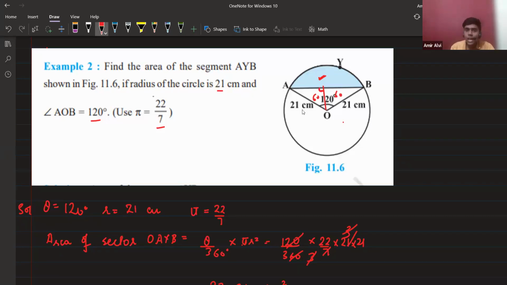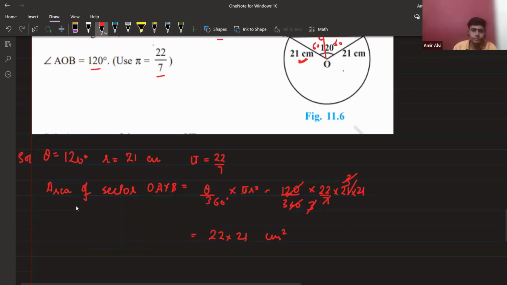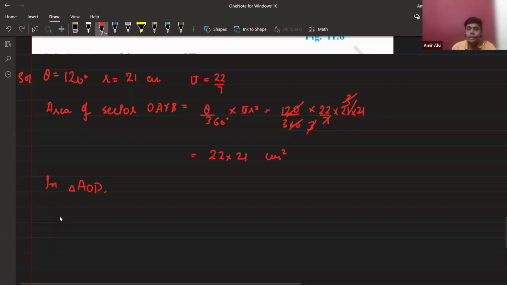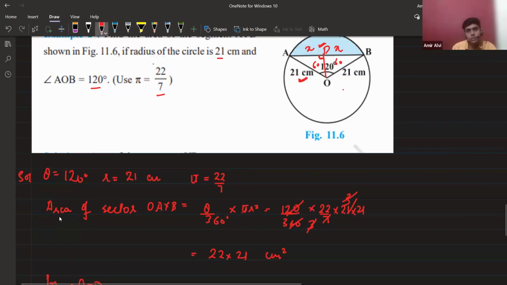Now everybody tell me, if I have the value here 60, you can see that 21 is there. I need this x, and this is also x. Clear? Which ratio should I apply? In triangle AOD, I need base as well, I need height as well.